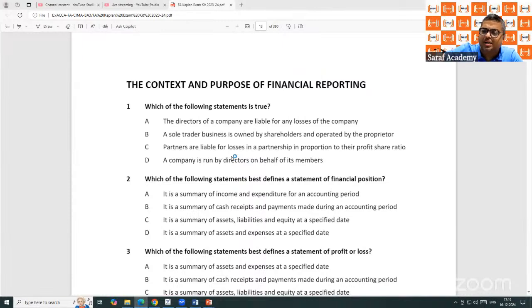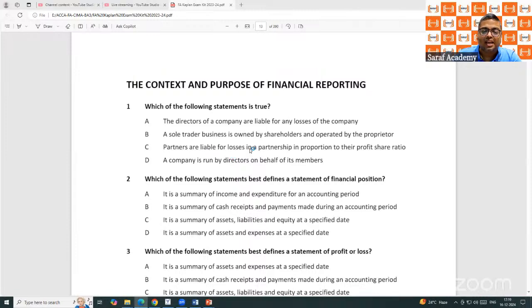I can bear only 20,000. The balance, I am fully kurki. So the balance loss you all need to bear, that is not in the profit sharing ratio. In case of insolvency of a partner, the loss is not shared in the profit sharing ratio. Because when the partner is insolvent, the balance loss is to be borne by the other partners, which is not in the profit sharing ratio, sir.